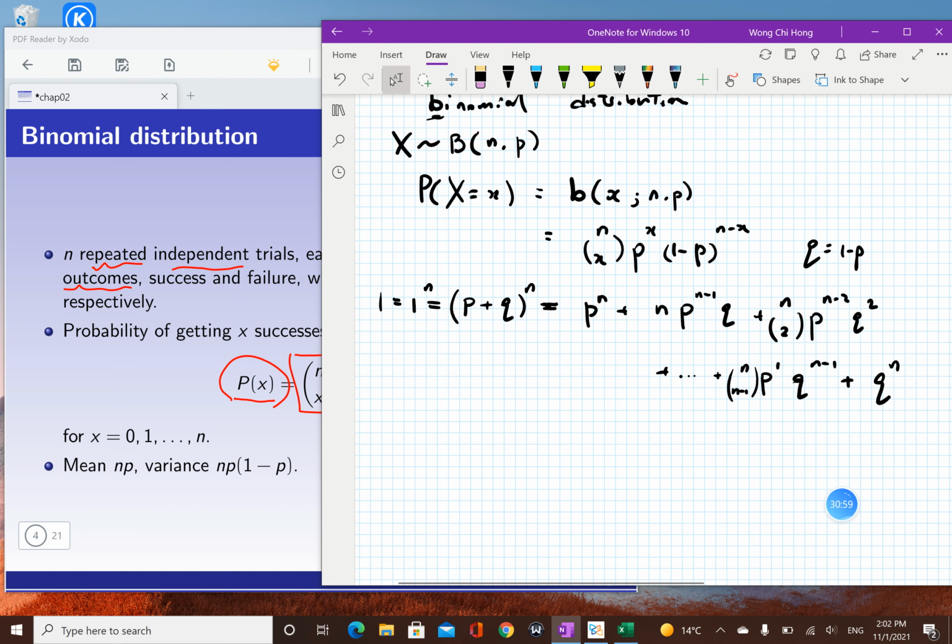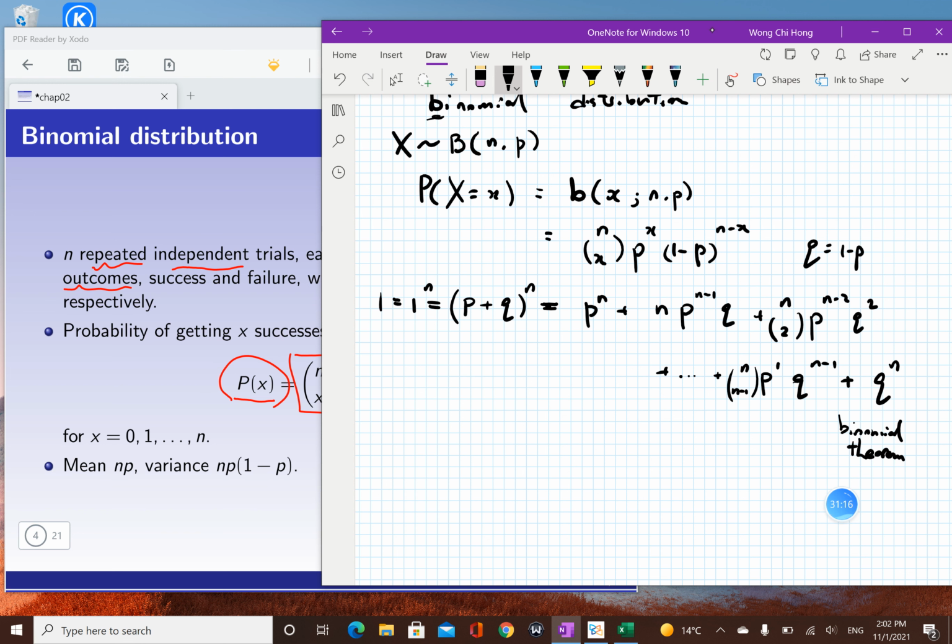Again, if you're familiar with these binomial coefficients, that's what we call the binomial theorem.